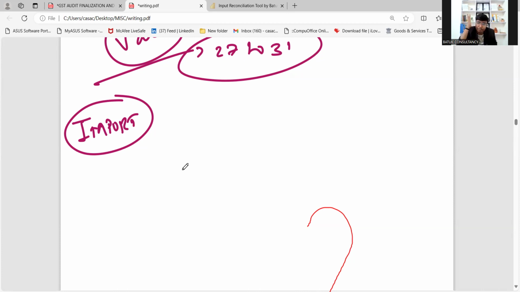So what did he do? He skipped the import here. Suppose you are doing the audit of Sachin and Sachin has taken certain services by import from outside India. In that case, it is certain that Sachin has to remit a certain amount outside India.